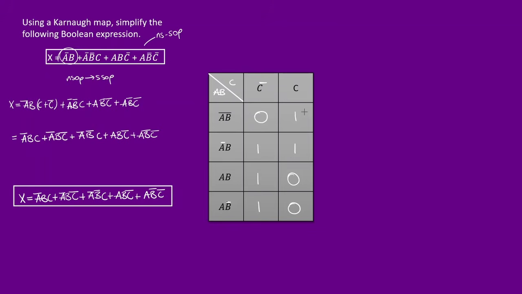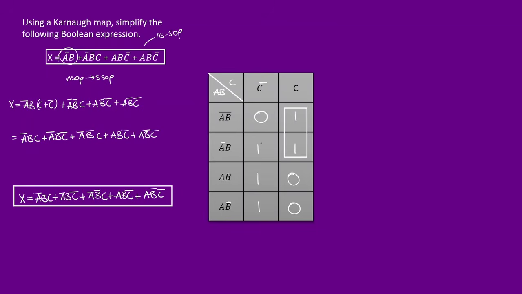So for the first one, I have 1 and 1 beside each other. This particular box is not A, not B, C, and this one is not A, B, C. I'm going to group these together as my first prime implicant. These two are adjacent to each other, so this is a valid grouping.